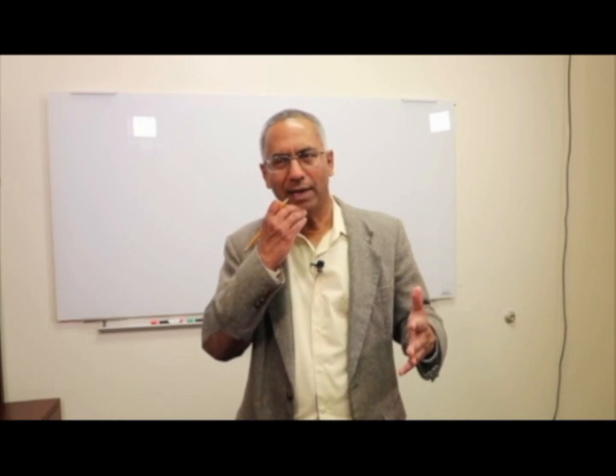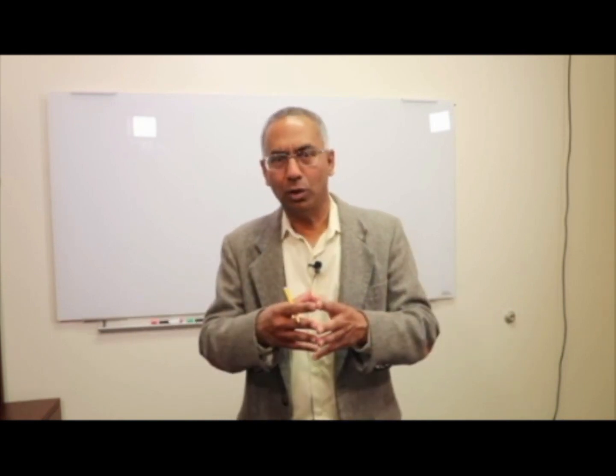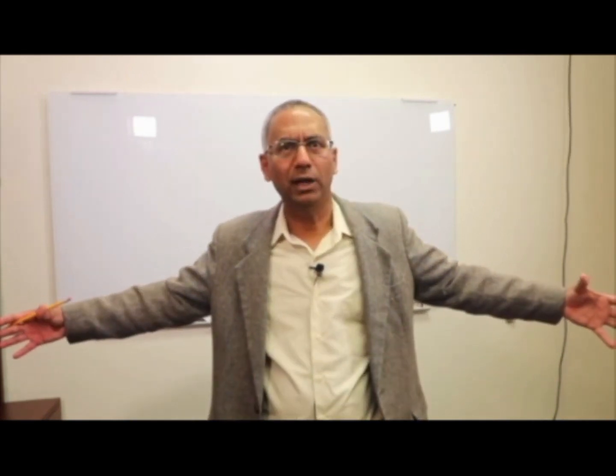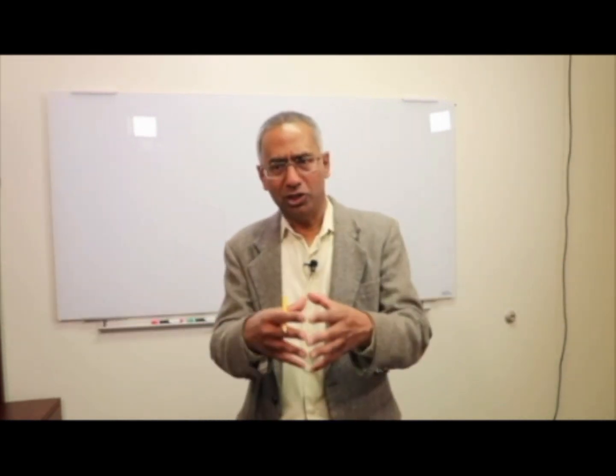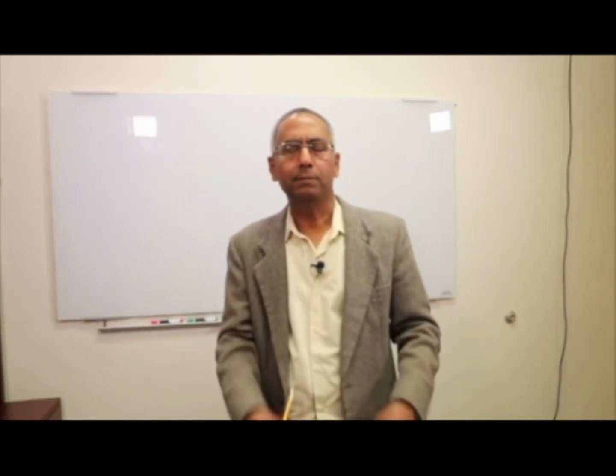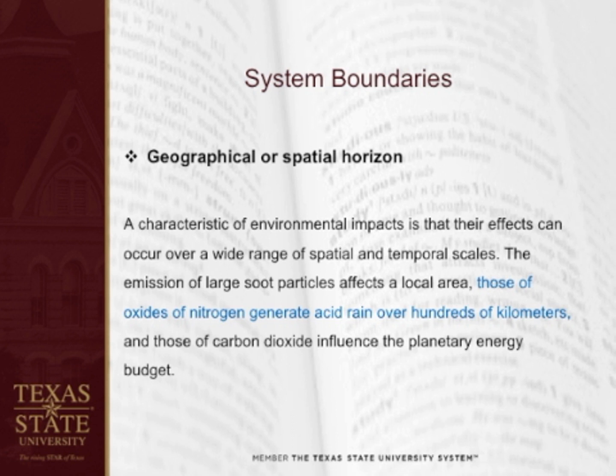Because if you're measuring, taking data, analysts need to know, are they supposed to look over the entire state or all of Central Texas or just the city of San Marcos? Sometimes, if you're talking about processes releasing oxides of sulfur and nitrogen, automobile emissions do that, other processes can, they can result in acid rain that can impact an area of several hundreds of kilometers.